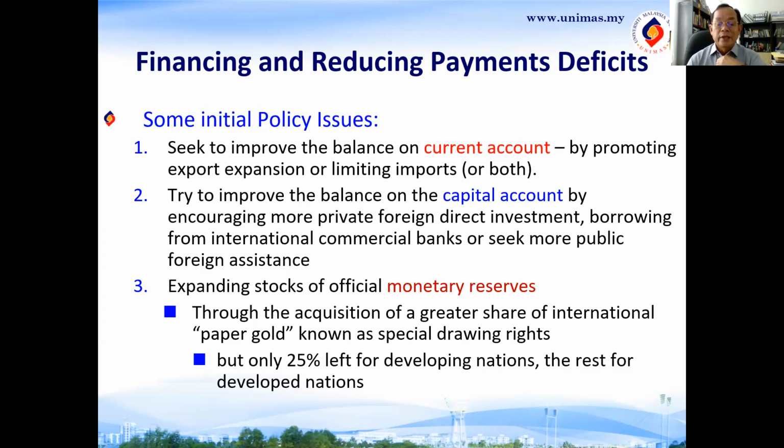So developed nations are the ones who benefited more, I guess they contribute more to the reserve anyway. So they have more rights to withdraw, and only 25% are left for the developing countries. Okay. Jadi that's the issue.